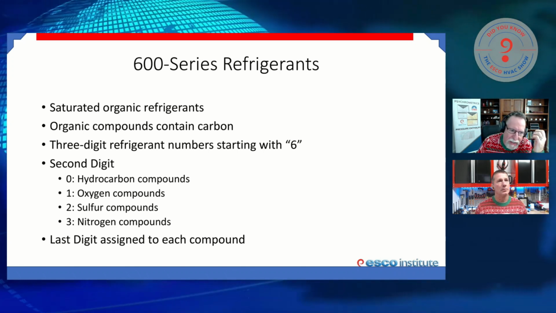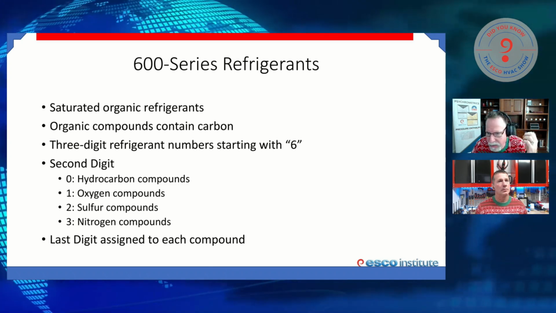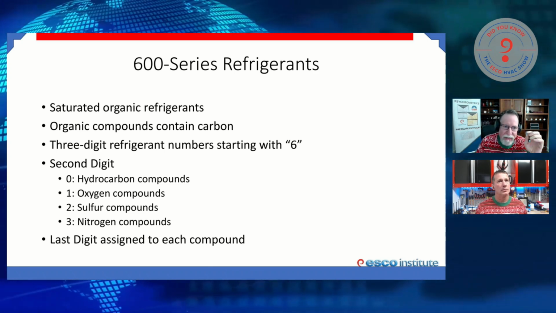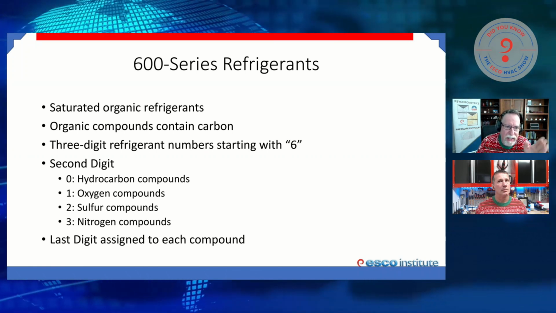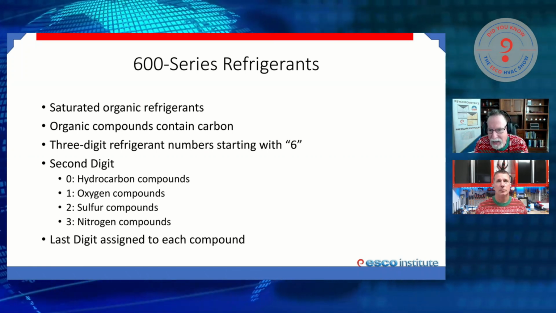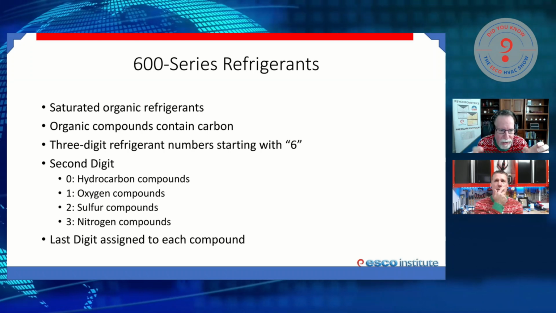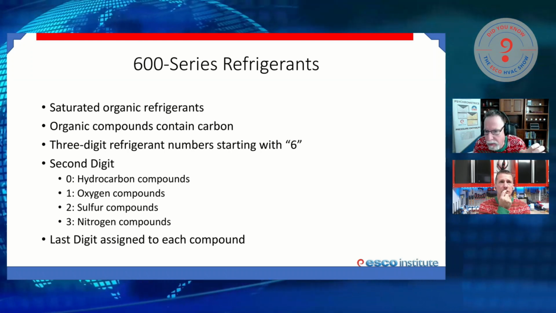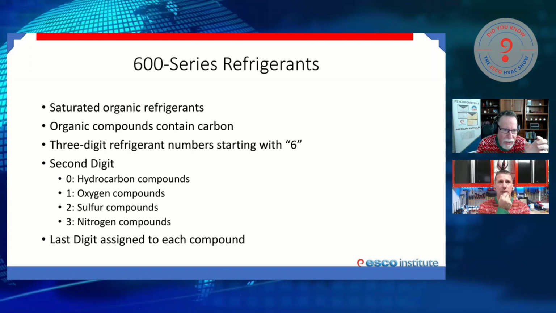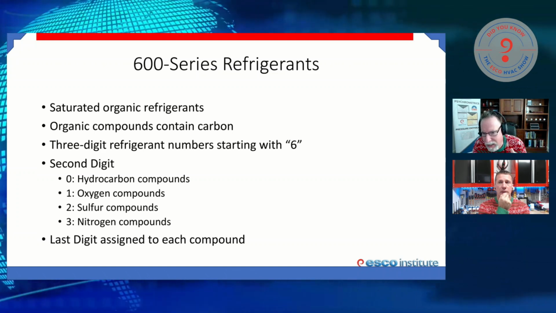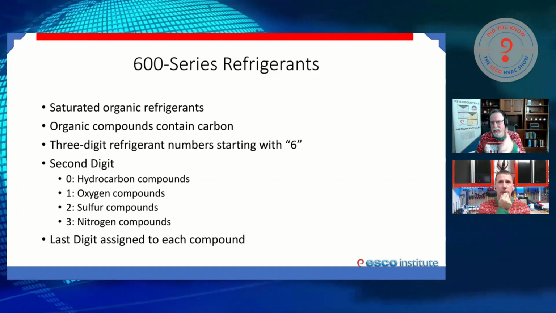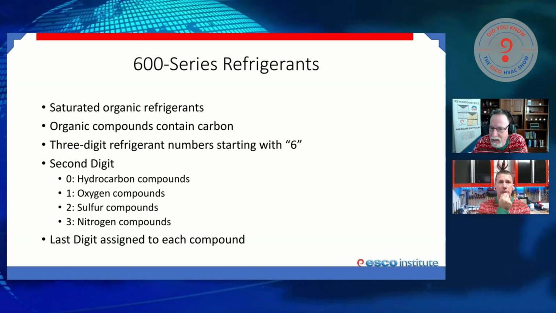If it's a 3, it contains nitrogen. So if there's a refrigerant 61 something, we know it contains oxygen. If it's a refrigerant 620 something, it contains sulfur. If the number is 630 something, it contains nitrogen. And then the third digit is just randomly assigned.